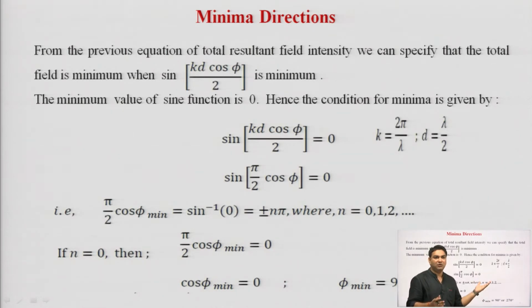So, pi by 2 cos phi min is equal to sin inverse 0, and sin inverse 0 means simply cos phi min is equal to 0, and cos phi min equal to 0 means phi min is equal to 90 degree or 270 degree. It means the horizontal direction is the direction for maxima and the vertical, perpendicular directions are for the minima direction.